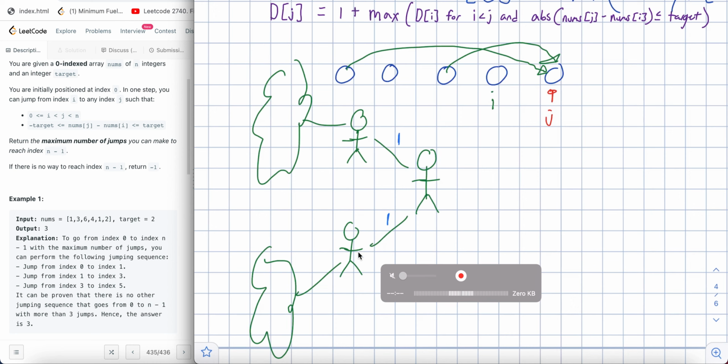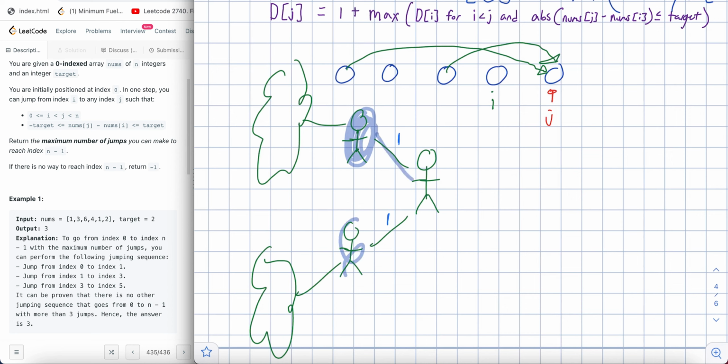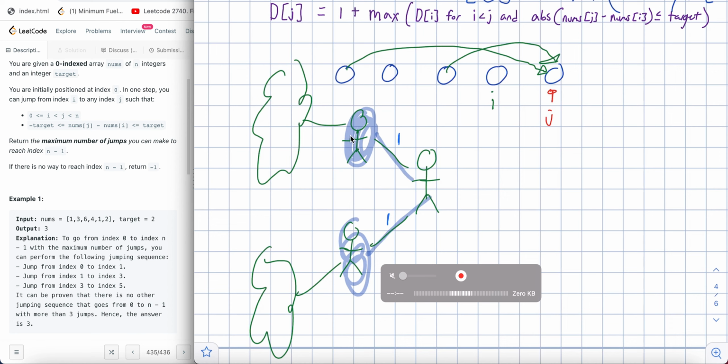Instead I can just ask this person, hey, buddy, how many friends do you have to your left? And I just have one more than that. If I'm trying to find the maximum number of friends I have to the left, I would just take one more than the max of this one and this one. And this person can play the same game. They don't need to figure it all out themselves. All they have to do is ask their first neighbor how many friends they have to their left.